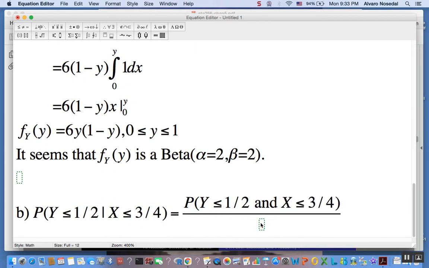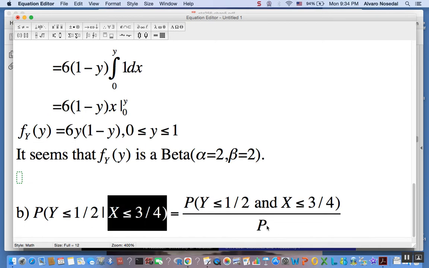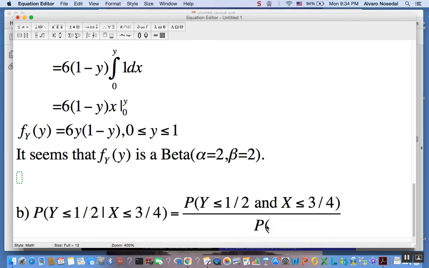And then we divide by the probability of this happening, right? Make sense? Just the definition of conditional probability. A given B equals probability of A and B divided by probability of B, right? Okay.